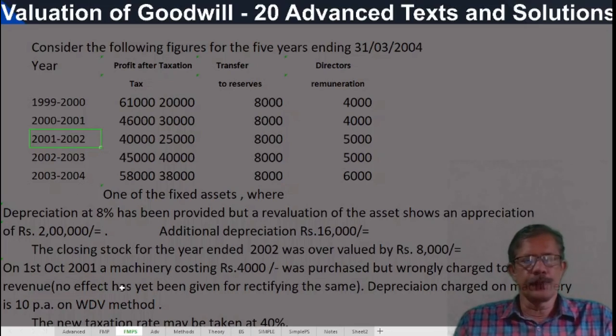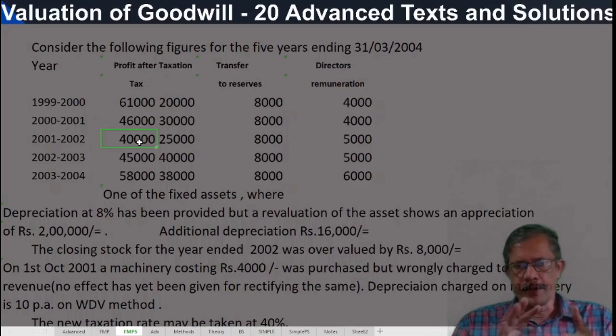In 2001-2, a machinery, a fixed asset, has been purchased that has been charged to revenue. That means this 4,000 rupees has been treated as an expense in the year 2001-2. So this 4,000 rupees should be added to the 2001-2 profit. Got it?